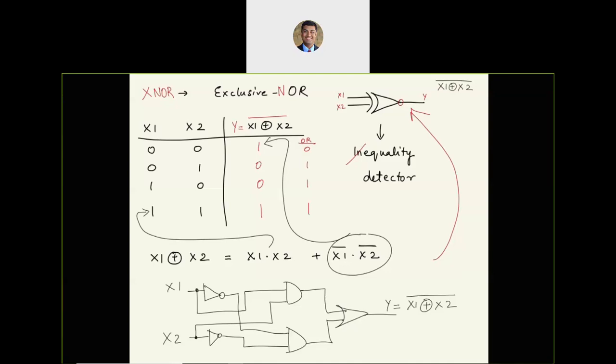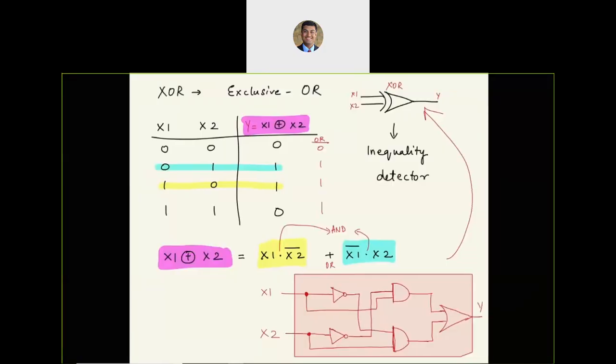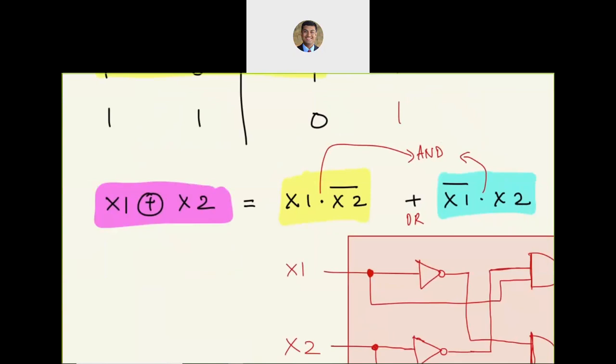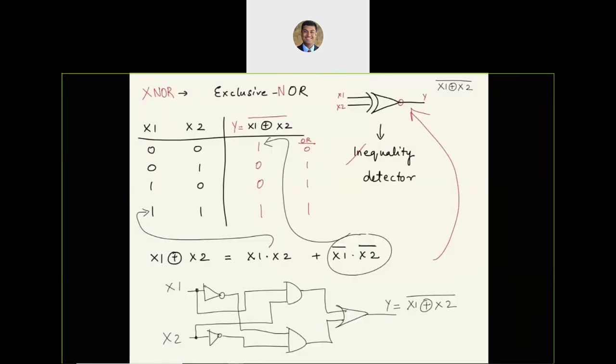Oh no, it's not the same as before. You see, earlier the bar is on the different x1, x2 complement. Over here, we have x1 and x2. Yes, the circle and the plus, that is the same as before.